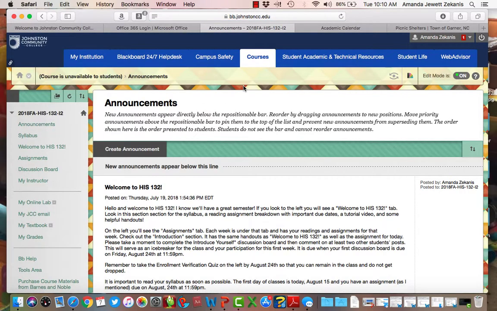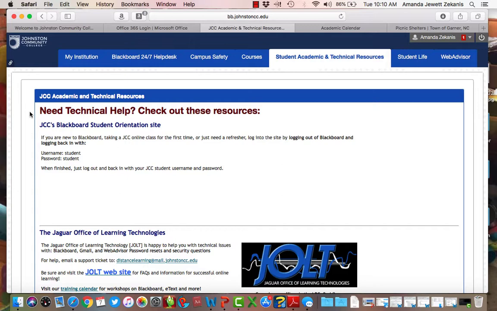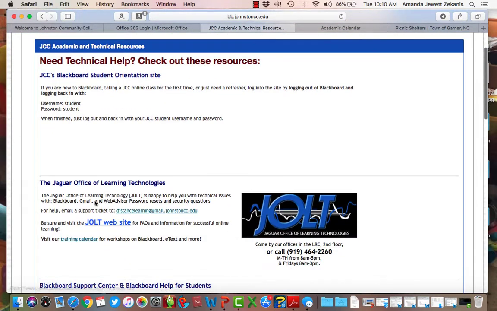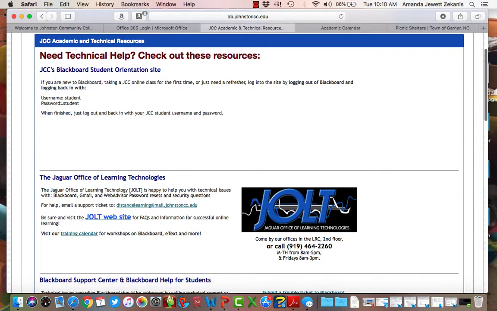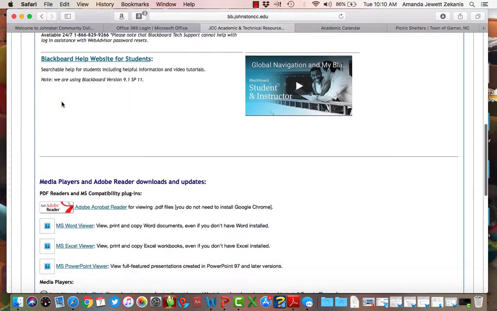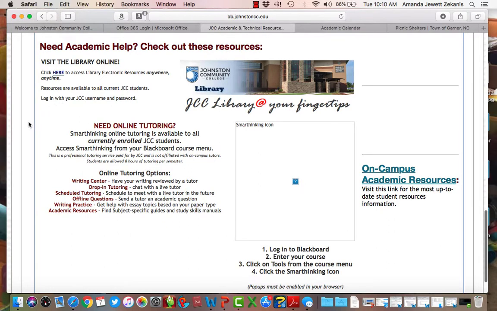We also have this great tab here that you can click on. It tells you any kind of help you need for stuff for school. JCC's got your back, okay? Jolt is amazing. Technical help, they're really great. If you need orientation stuff, you can go here. We have excellent academic help here on campus. Of course, if you have any questions about the material, please feel free to come to me first.